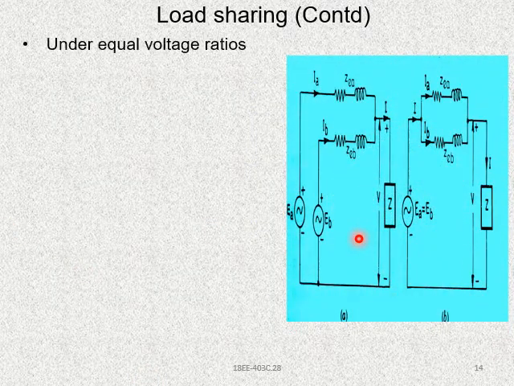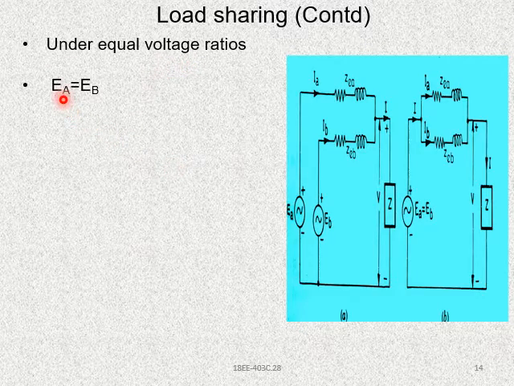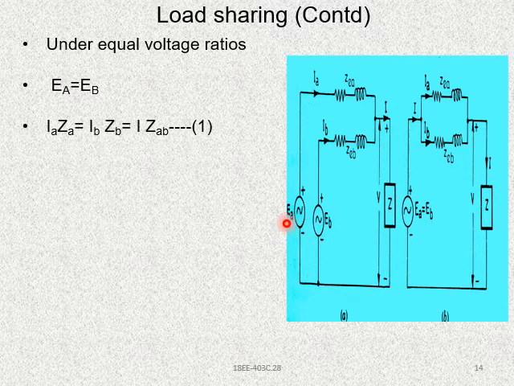In the same diagrams, under equal voltage ratios, EA is equal to EB. Finally, IAZA is nothing but the impedance drop. IAZA is equal to IBZB, which is equal to the total I into the total Z, which is ZAB.